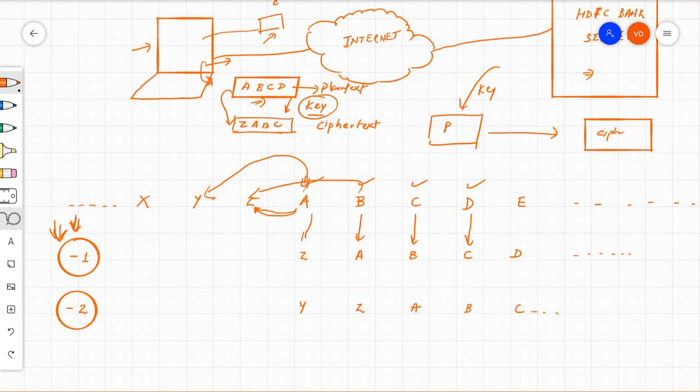Suppose there are two people, A and B, and they know the key. I would say that the key is -2. A understands easily how to encrypt the message, because A just needs to shift 2 places towards left. And B knows that to decrypt that packet, B just needs to shift 2 places right. So if I have this key value at the receiver end, the receiver can decrypt it easily.